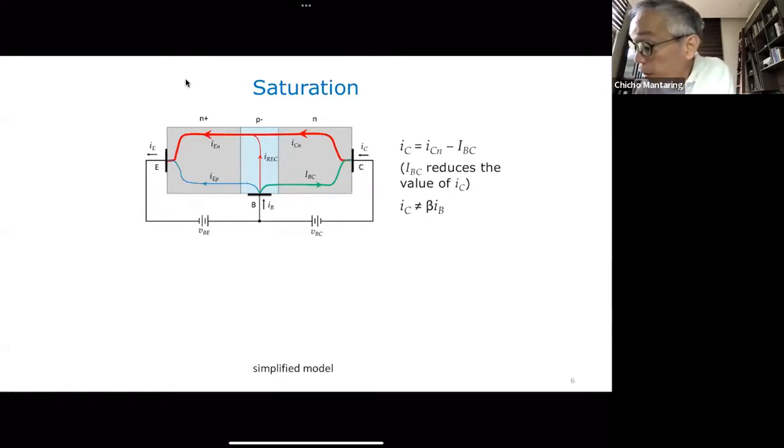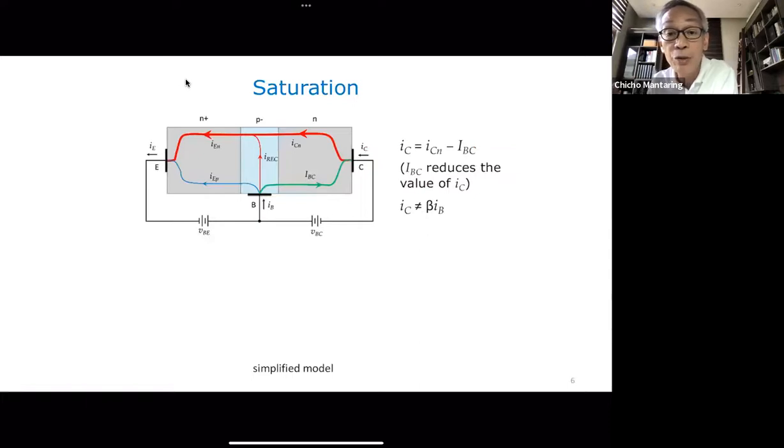So if I take a look at my collector current, my collector current is ICN minus IBC. I'm assuming now IBC is my forward bias current from my base to collector due to VBC. Okay, IBC. Now this is going to tend to reduce this, because IC is going to be this ICN minus this IBC.